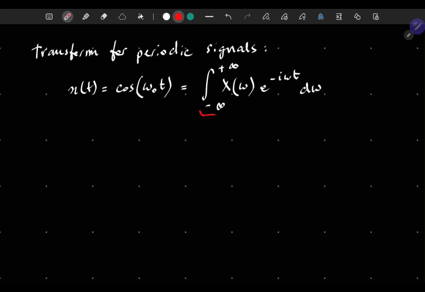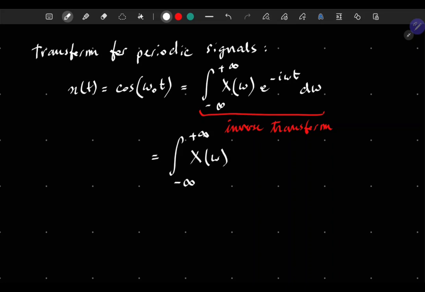This is also called Fourier's inverse transform. And again, making use of Euler's formula, we can write this as the integral from minus infinity to plus infinity of X of omega times the sum of the cosine of omega t plus i times the sine of omega t, d omega.